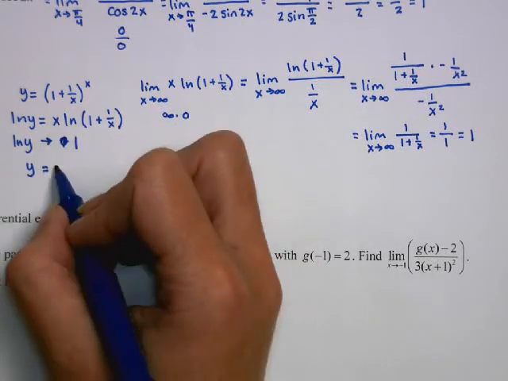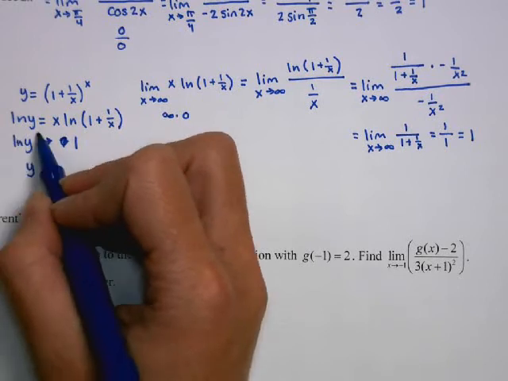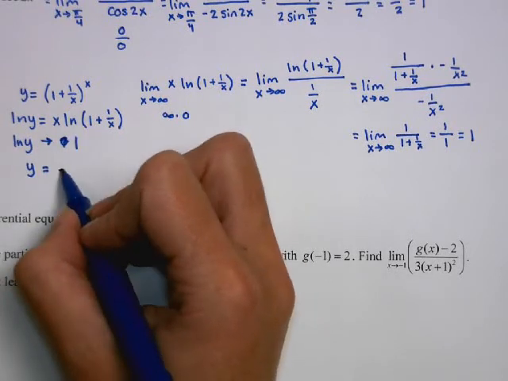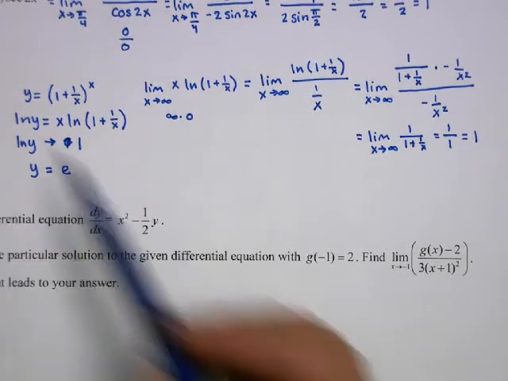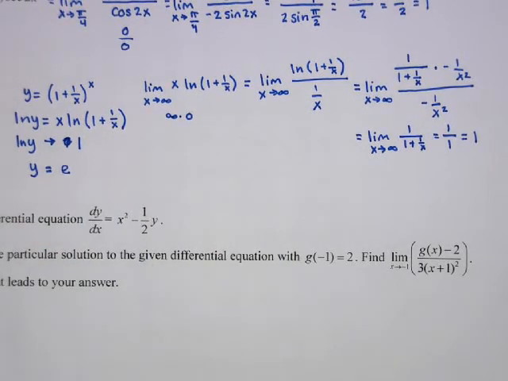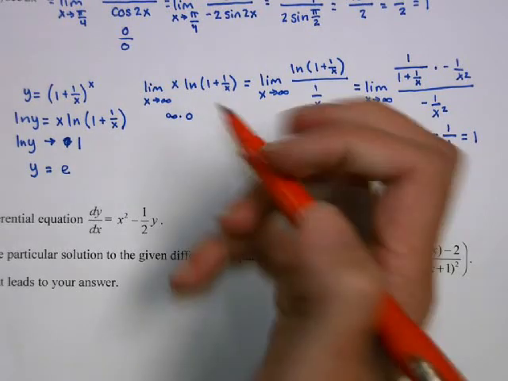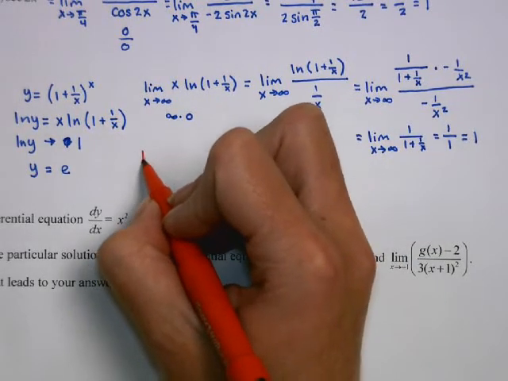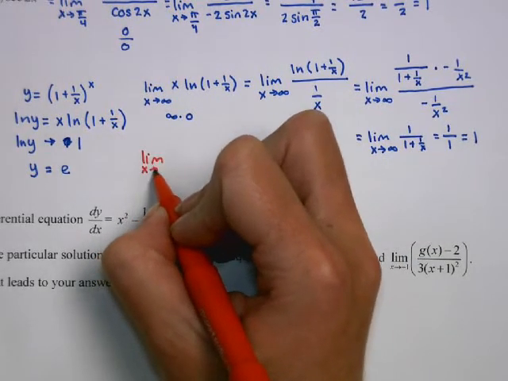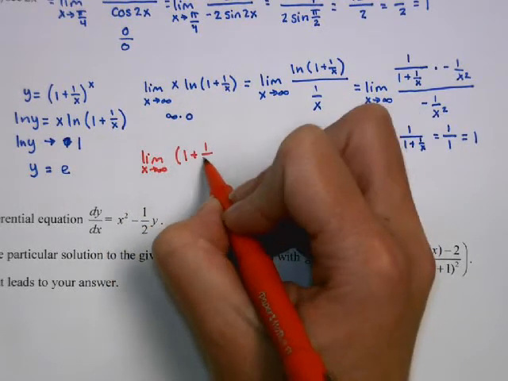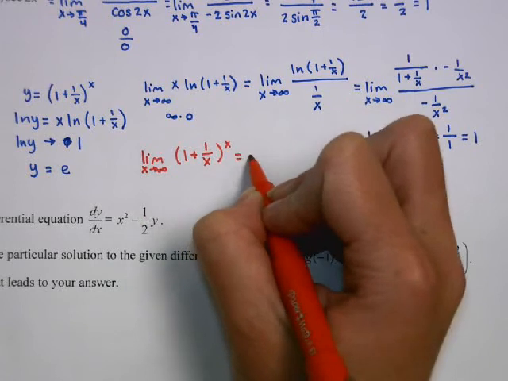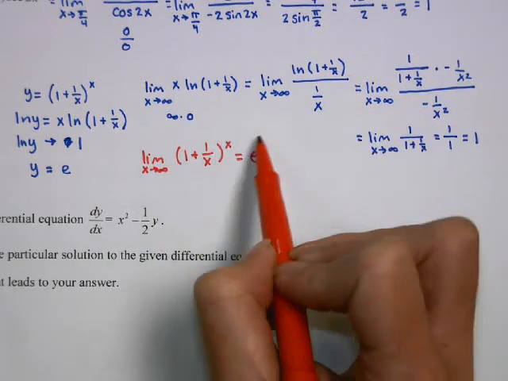So if I raise both sides to the e, e to the natural log of y is going to equal e to the 1. That means y is going to be e, which means this limit is really e. And this is just one you're going to have to memorize: the limit as x goes to infinity of 1 plus 1 over x to the x is e.